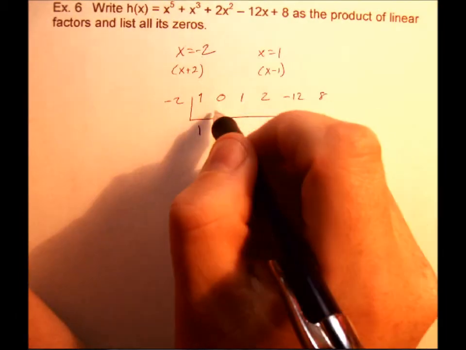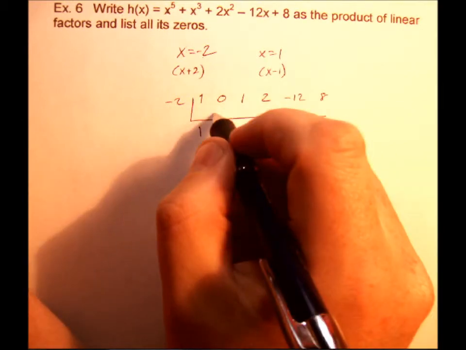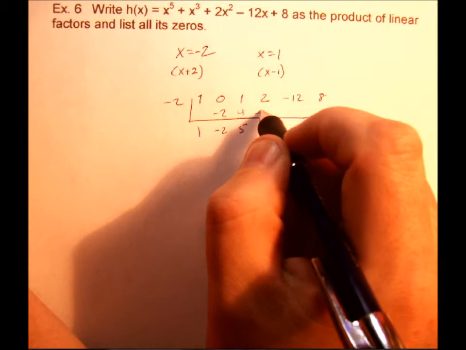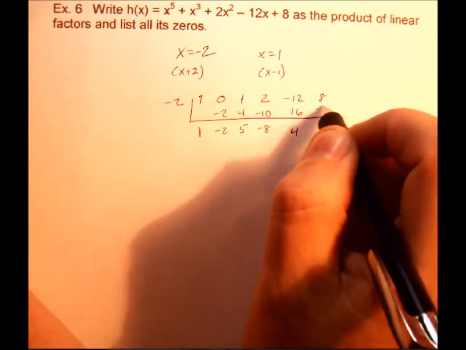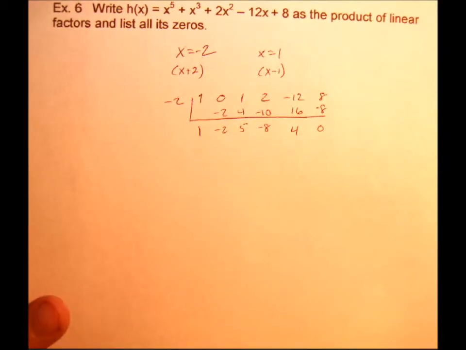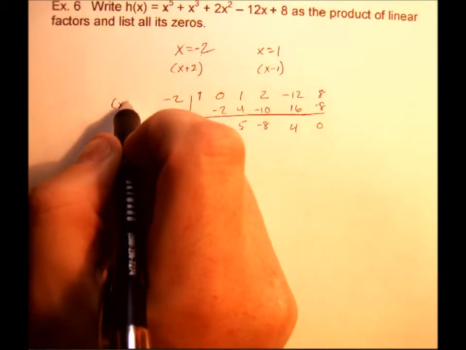So drop it down. Hopefully you remember how to do this: multiply and add, multiply and add, multiply and add, multiply and add, multiply and add. So we know that is a 0 of that function, and that would be the x plus 2 factor.